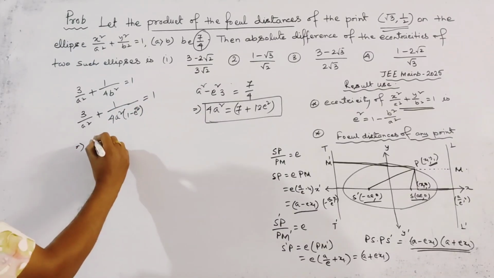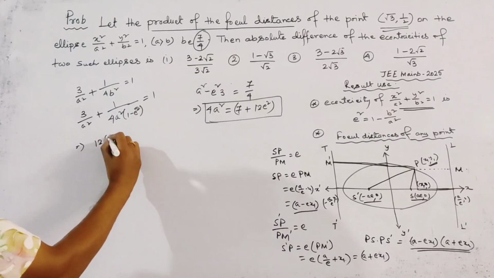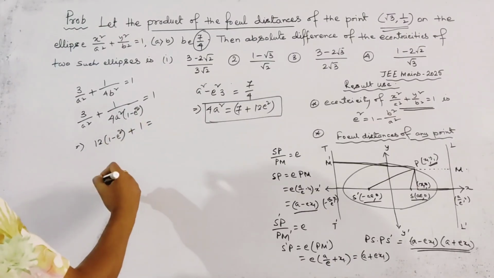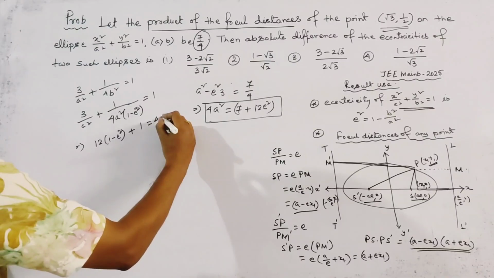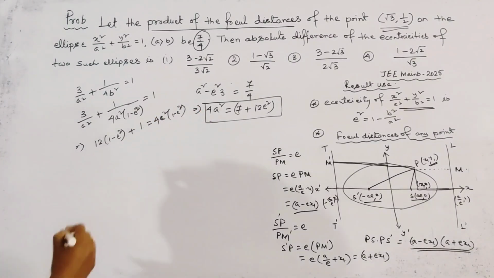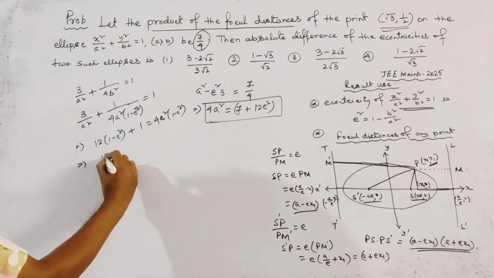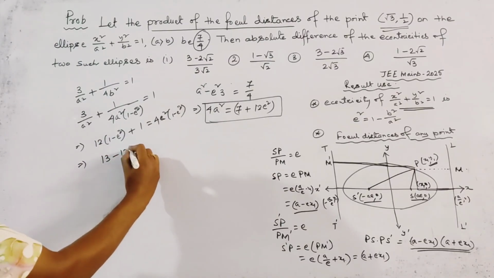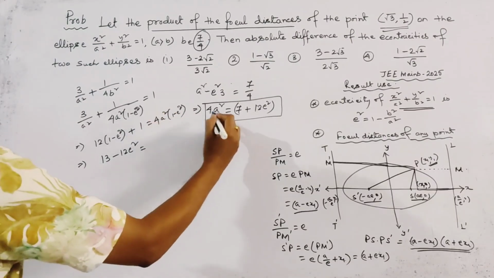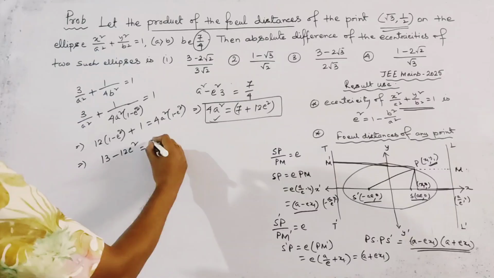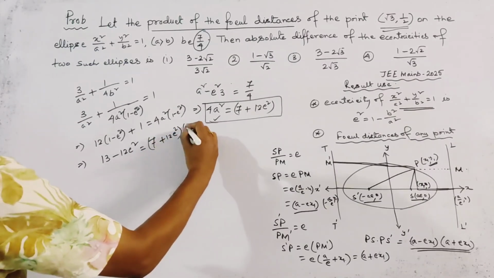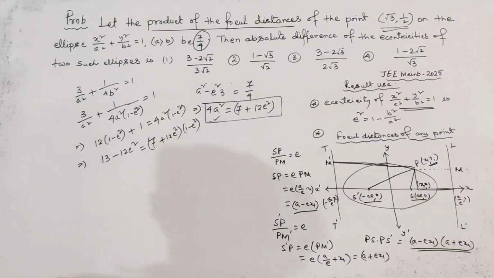Now taking LCM, we get 12 into 1 minus e square plus 1, over 4a square into 1 minus e square. Now from the left side we get 13 minus 12e square, and if we put the value of 4a square from the previous relation, we get 7 plus 12e square into 1 minus e square, right?